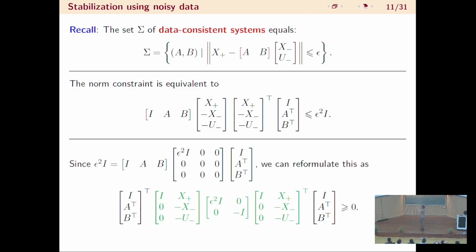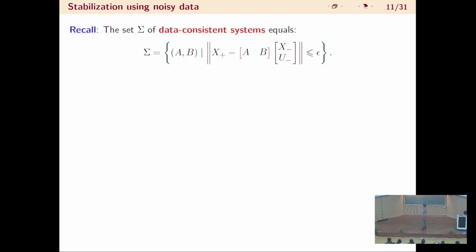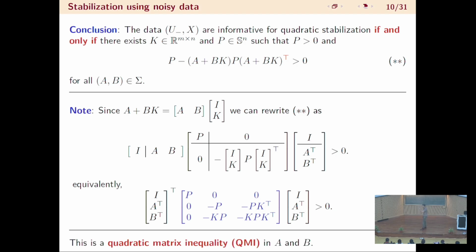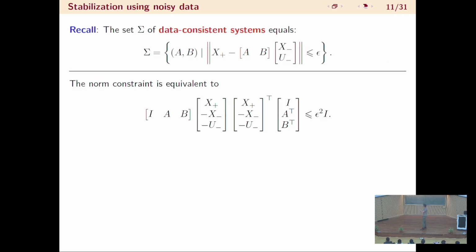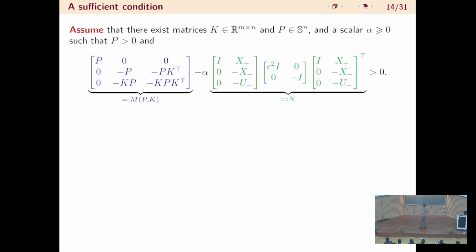For the set of consistent systems, we have this norm bound, right? And I rewrite that as this quadratic inequality in terms of A and B. For the Lyapunov inequality, we also have this quadratic inequality for A and B. And now I'm assuming, indeed, that there exists this alpha and the P and K, such that M minus alpha N is positive definite.